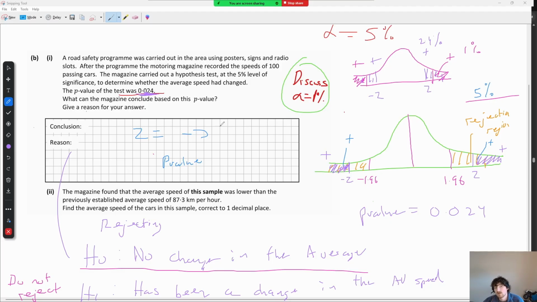So that's what the p-value is, as I've said before in previous videos, so I'm not going to repeat it again too much. The p-value is the lowest level of significance at which you begin to reject H0. It's a turning point for H0. So when the level of significance was 5%, this p-value meant H0, you're done, you're out, you're in the rejection region. But if the level of significance was 1%, H0 would have been fine.